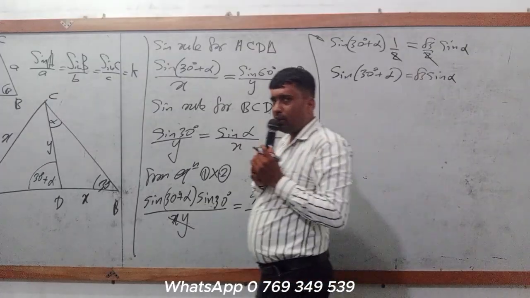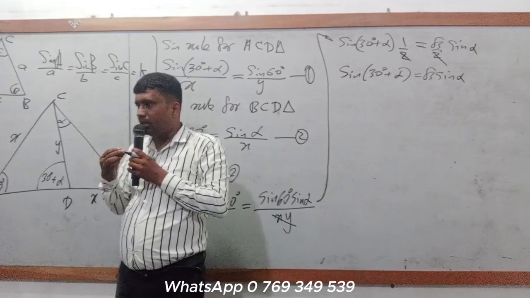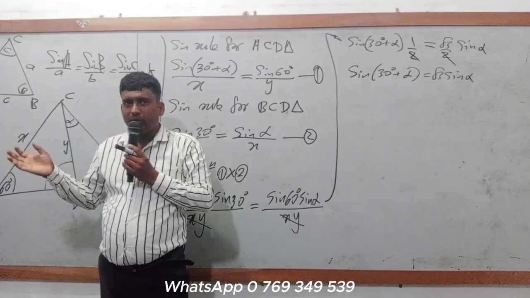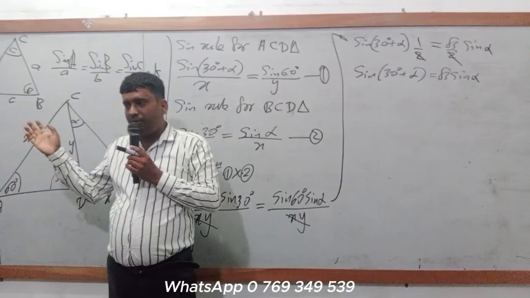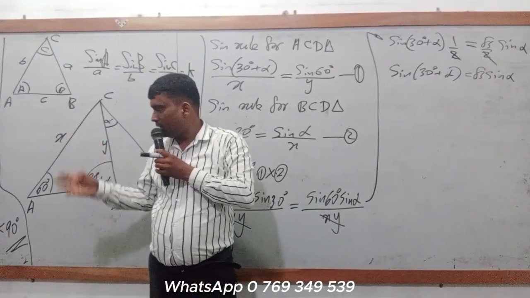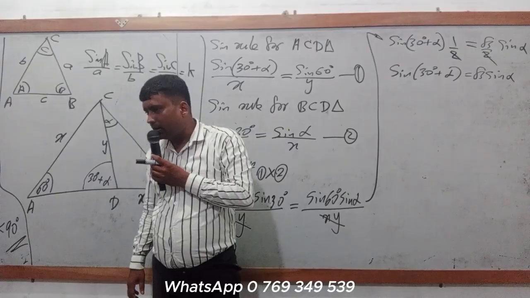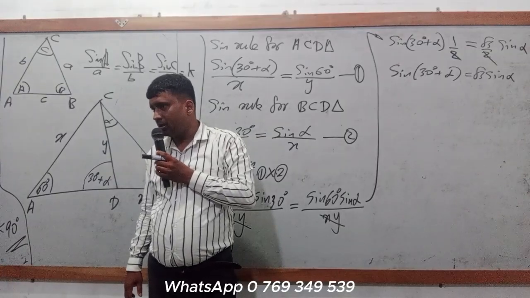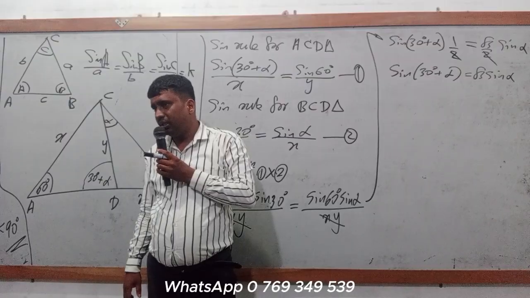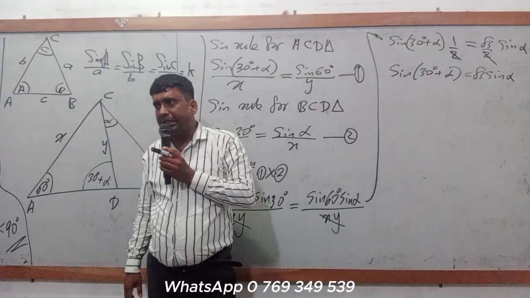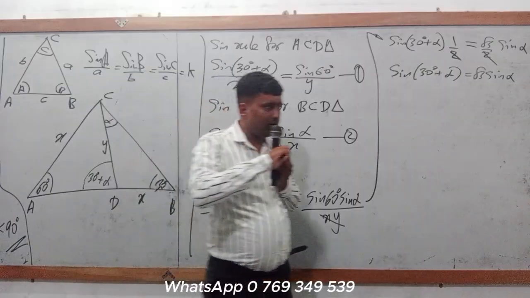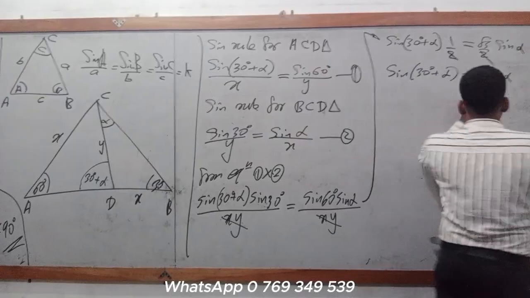Right? But they are asking like that, using the result in 2 above. 2 above, right? Previous one. What is the result? Previous, this one, sine 30 plus alpha divided by sine alpha equals root 3. Therefore, alpha equals 30. We can use that. Then you can divide these things.